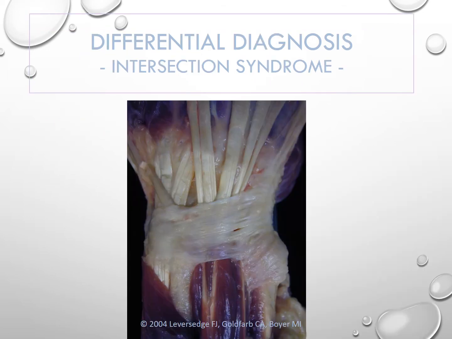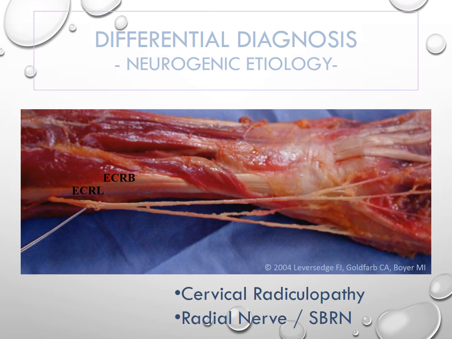Differential diagnosis is intersection syndrome, where the first and second compartments cross over each other, or the second compartment is stenosed. A neurogenic etiology, which is cervical radiculopathy or radial nerve or sensory branch of the radial nerve injury.